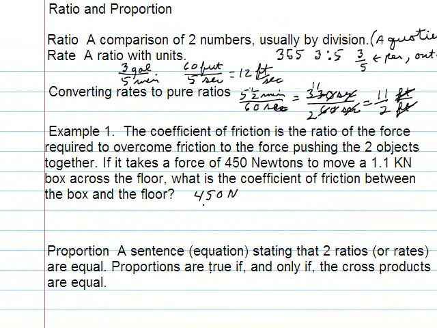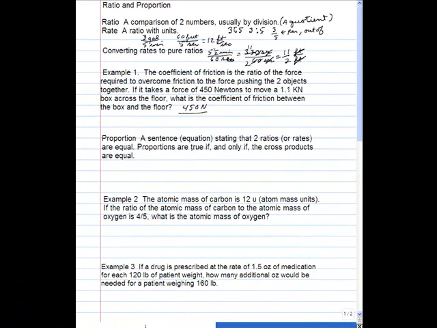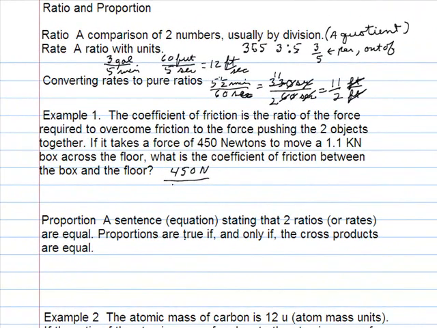Now if I want the ratio of that force to the force pushing the item against the floor, that's the force 1.1 kilonewtons, because that's the weight of the box. And the weight of the box means the force with which the box is being pulled to the floor by gravity. And that is 1.1 kilonewtons.